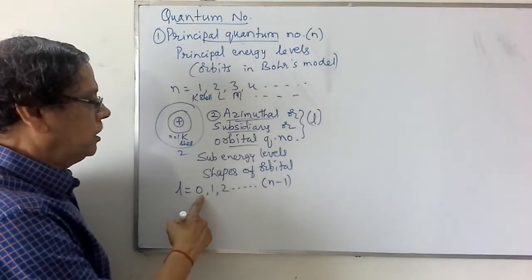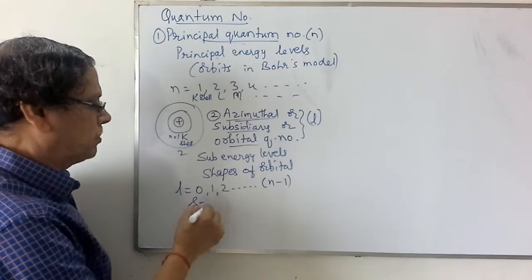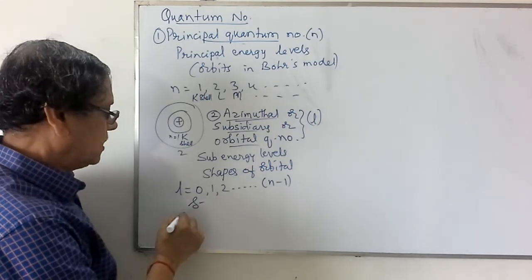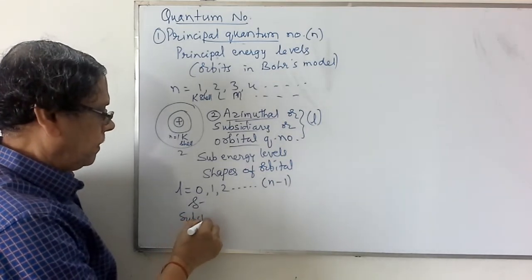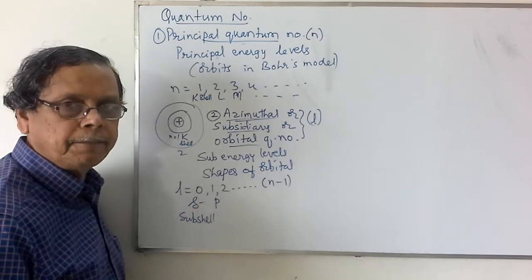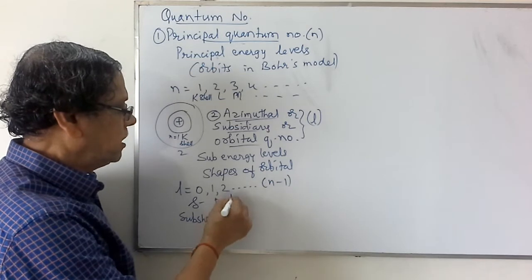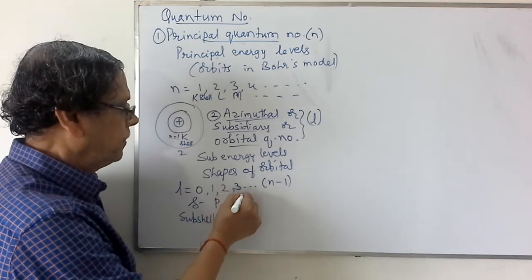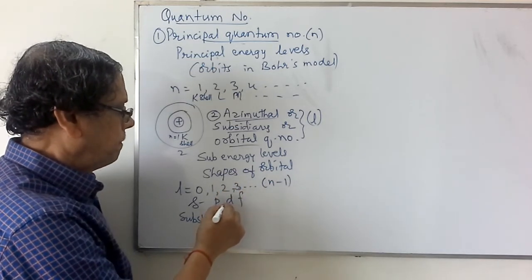When l is equal to 0, it is called the s subshell. When l is equal to 1, it is called the p subshell. When l is equal to 2, it is called the d subshell. Similarly, f.